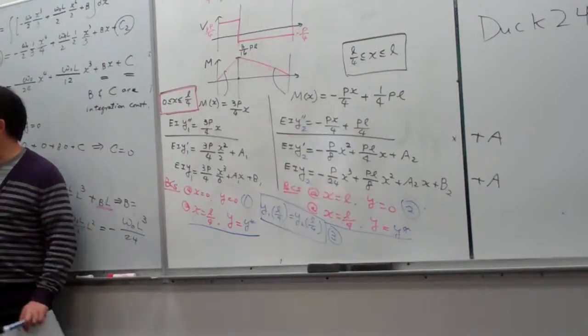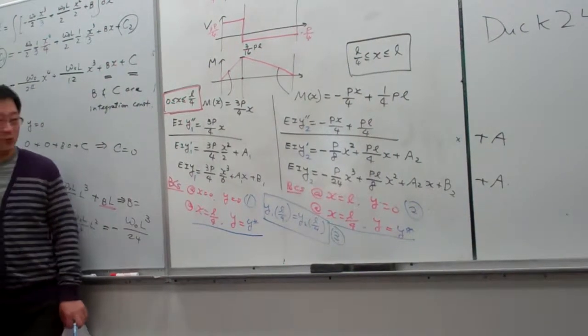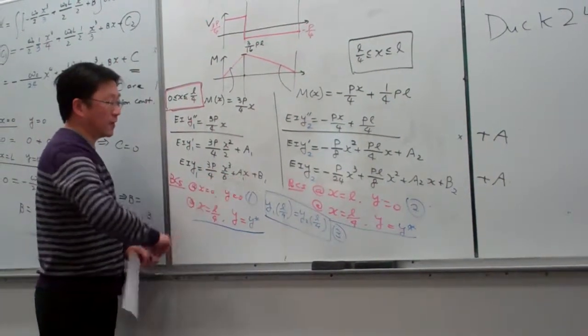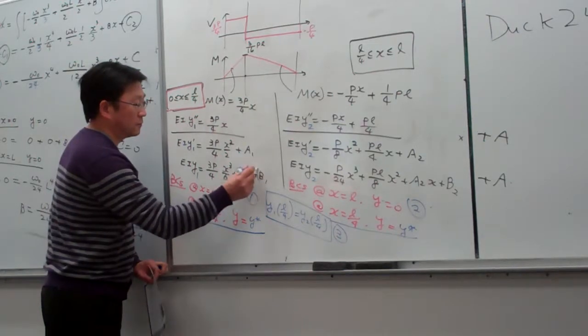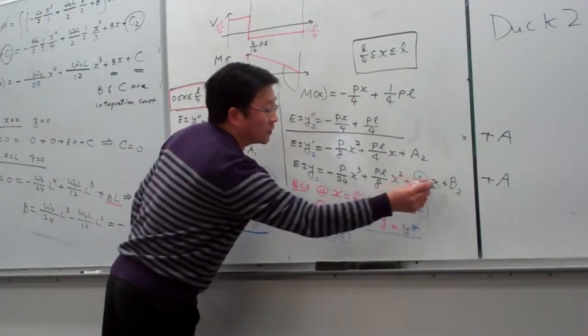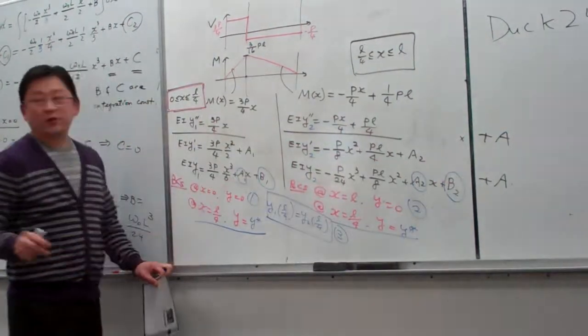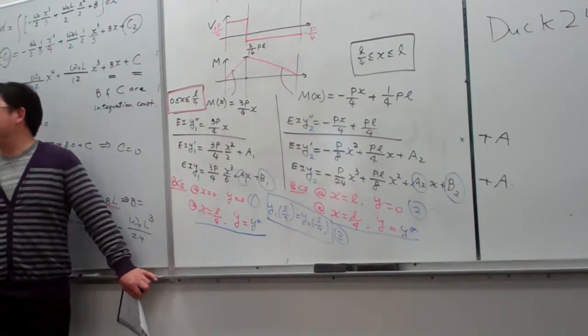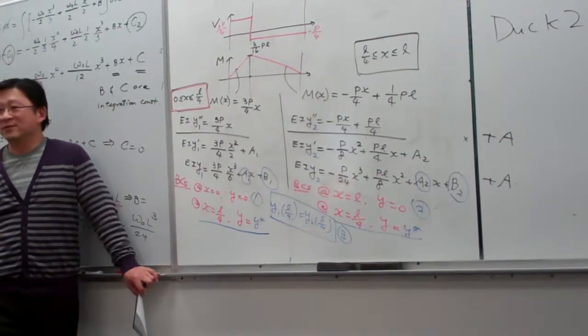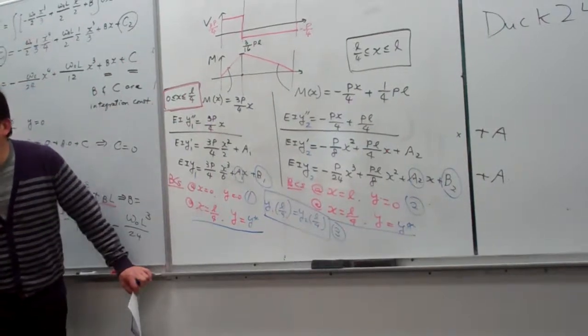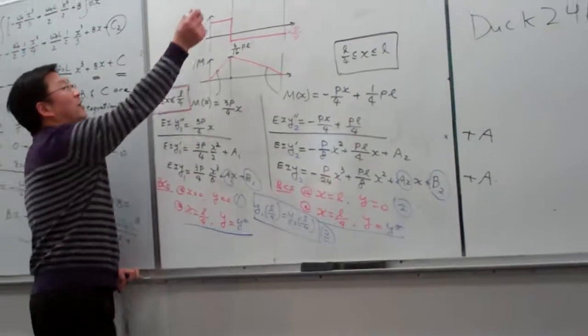And one more, because we have 4 unknowns, A1, B1, A2, B2. So 4 unknowns, we must have 4 conditions. What will be the last one? The slope. The last one is the slope here.